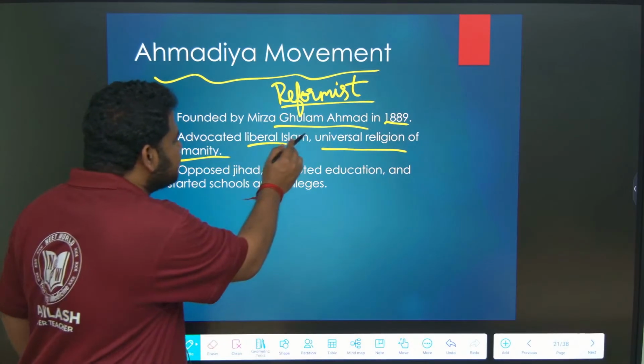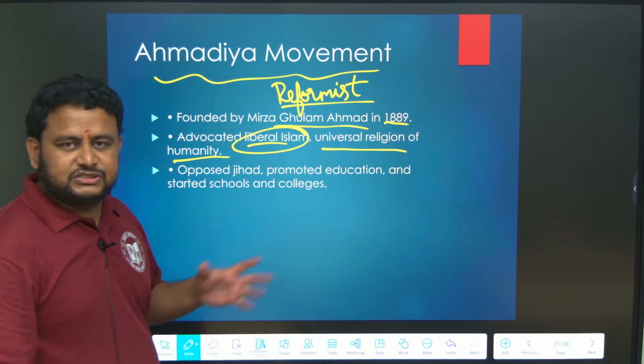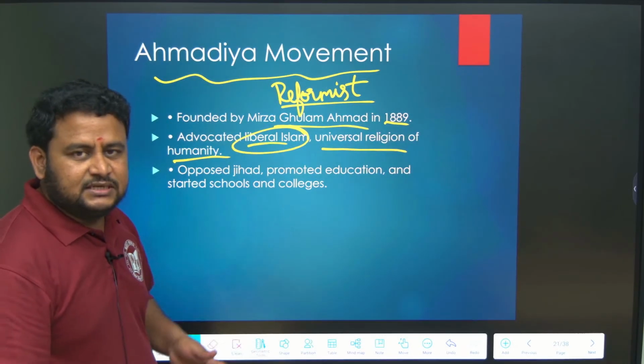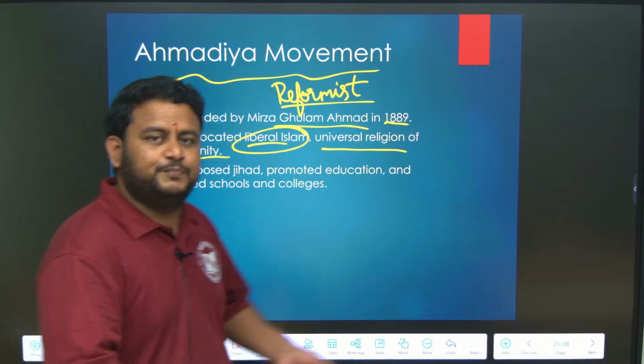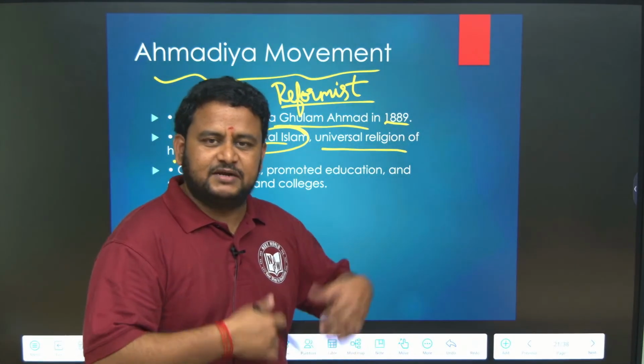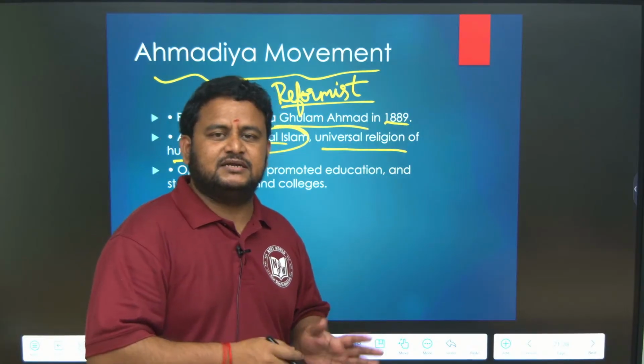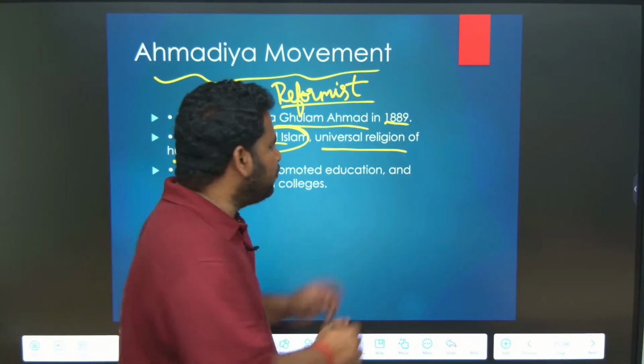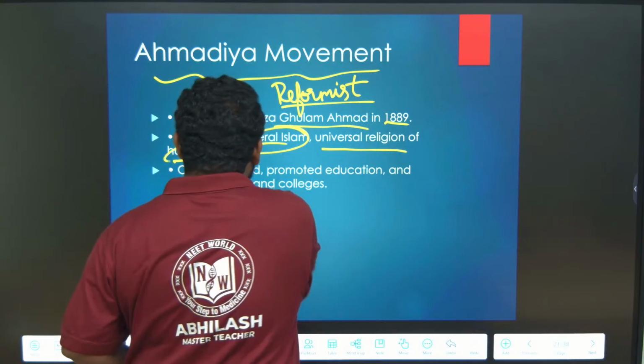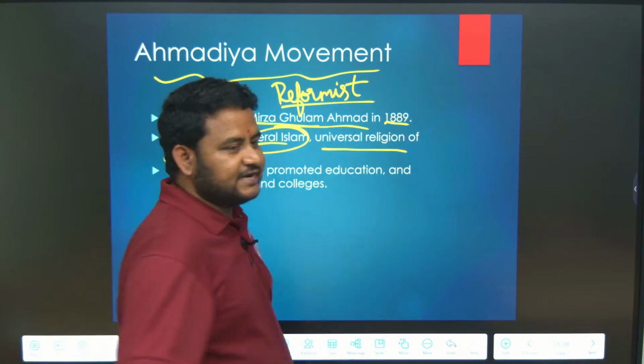He advocated liberal Islam. It was not against other religions. It was not that he wanted to purify Islam, but that doesn't mean he wanted to pollute it. He said, let us have an Islam according to the needs and demands of the society, and he promoted a universal religion of humanity.